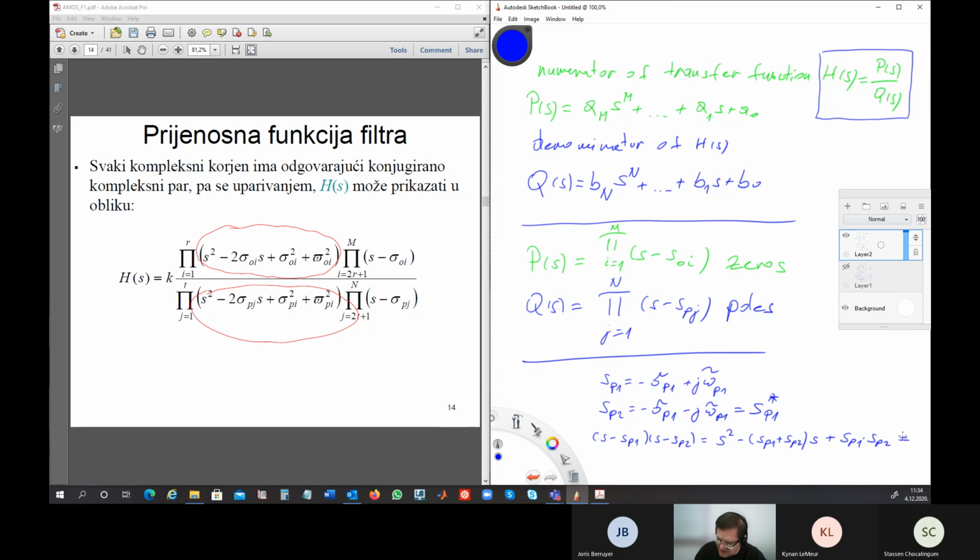And this is now very simple. If we include these two here, we will have s squared plus 2 sigma p1 s plus sigma p1 squared plus omega p1 tilde squared.